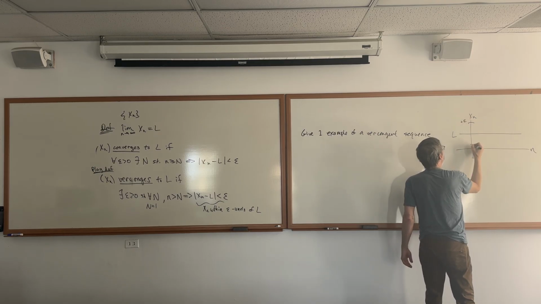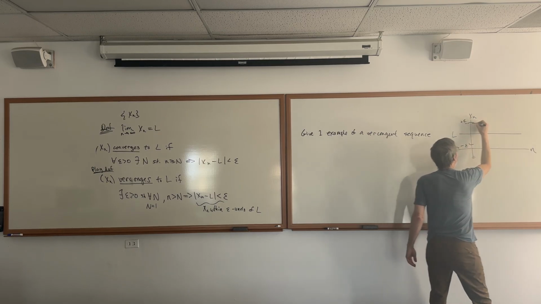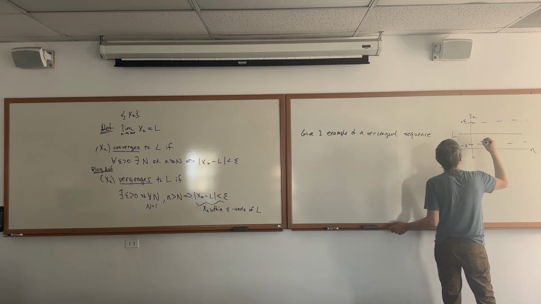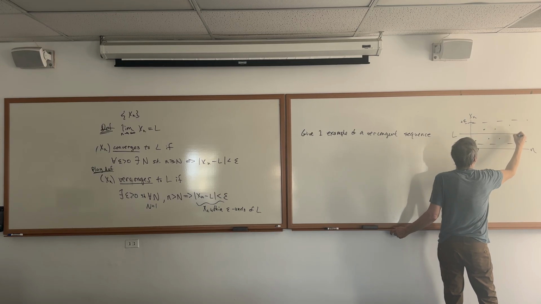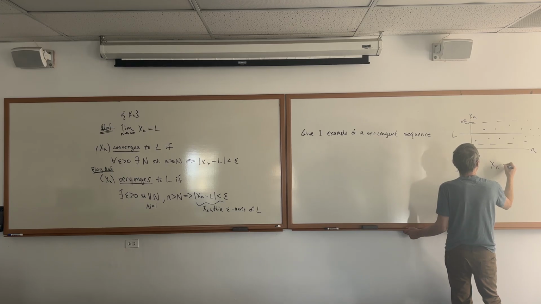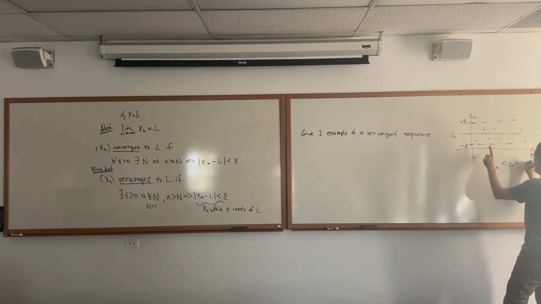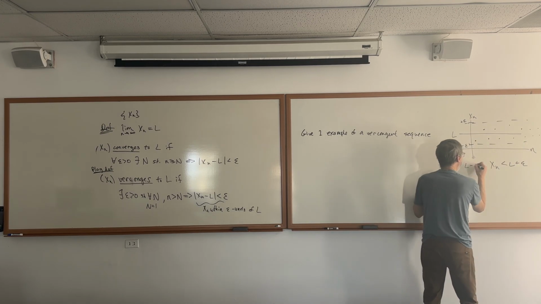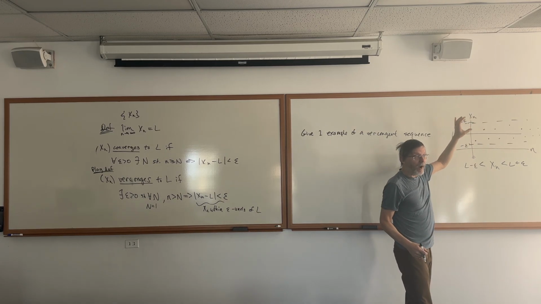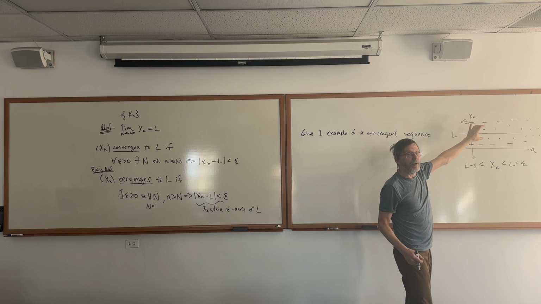So L plus epsilon, L minus epsilon. No matter what n I have, x sub n is inside here. All the x sub n's are between L plus epsilon and L minus epsilon. So it's saying I can find an epsilon strip where everything lives inside.